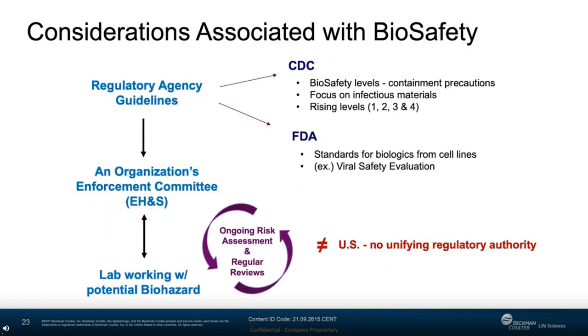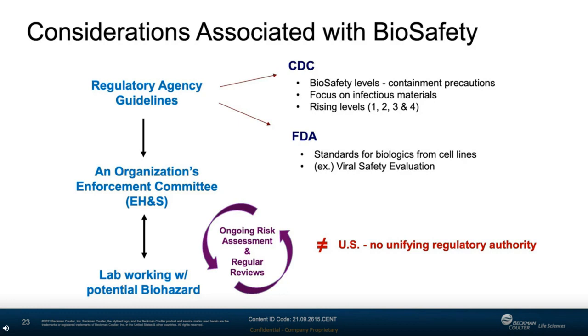In the United States, federal agencies provide regulatory guidelines on safety, but interpretation and compliance falls on the individual organization and requires proactive engagement in order to maintain compliance. The role of the organization's EH&S group combined with the individual lab is to train for and enact good practice, and to refresh and review these practices regularly.